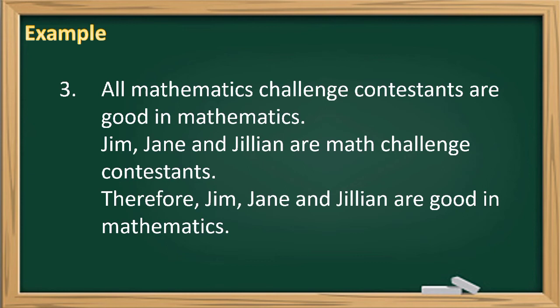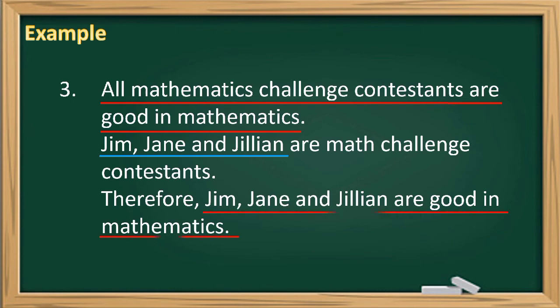In example number 3, it provides a general statement that all mathematics challengers are good in mathematics. Since Jim, Jane, and Jillian are mathematics challenge contestants, then we can specifically conclude that Jim, Jane, and Jillian are good in mathematics. Very easy, right?